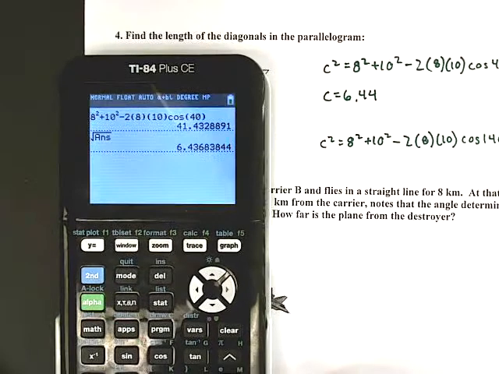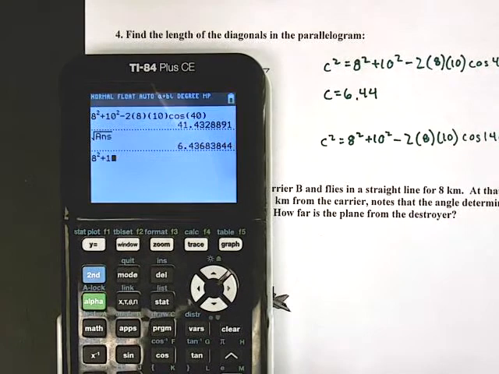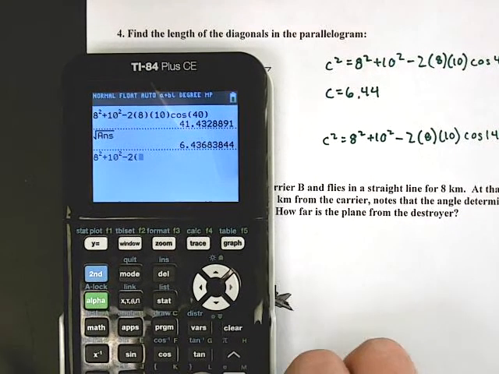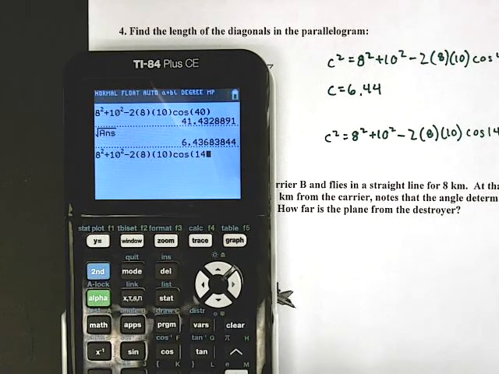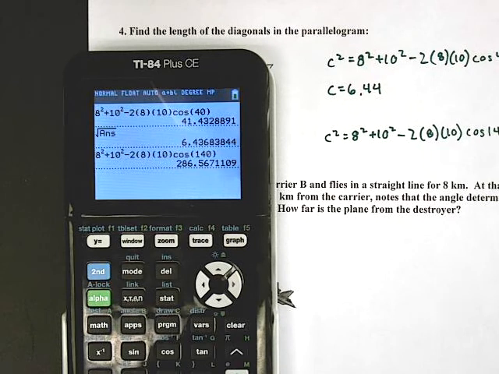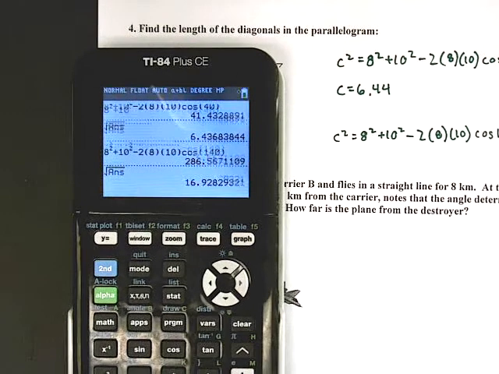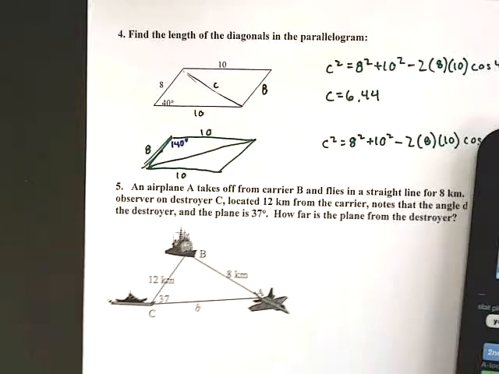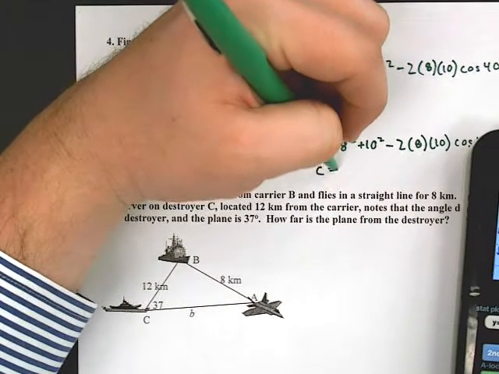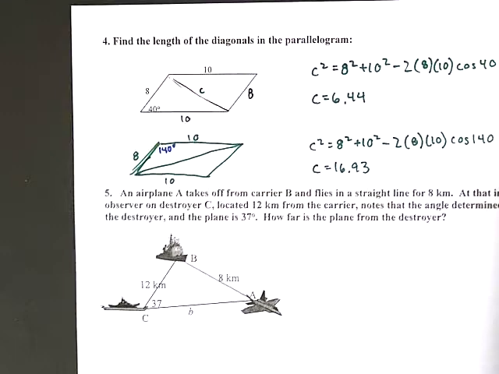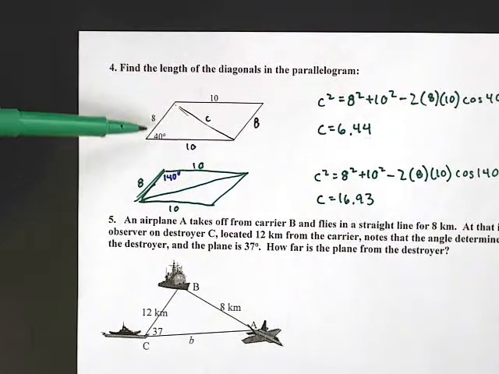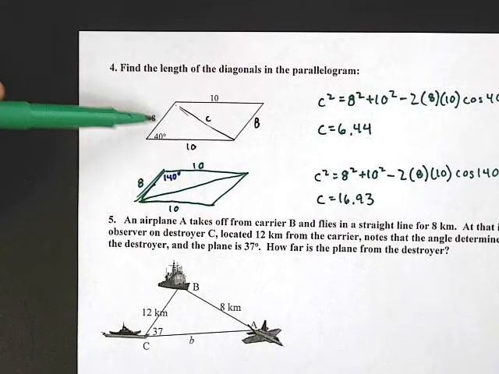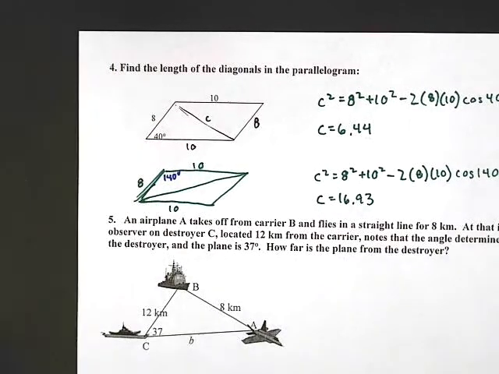We'd have 8 squared plus 10 squared minus 2, 8, 10 cosine 140. And we'd square root that to get 16.93. Alright, so in this situation, I would want you to understand that if you have these two sides, you can turn this into a side angle side to make it a little easier.